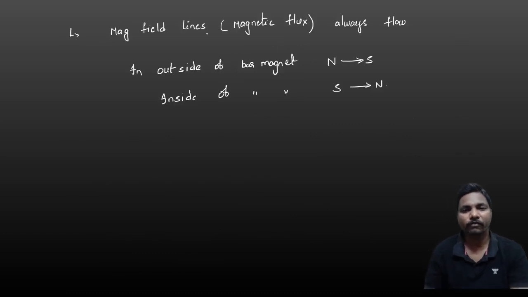These magnetic field lines, also called magnetic flux, denoted with phi, flow outside from north to south and inside from south to north.